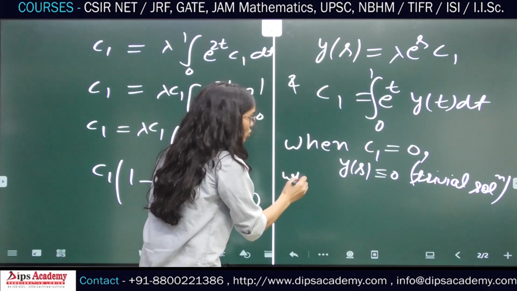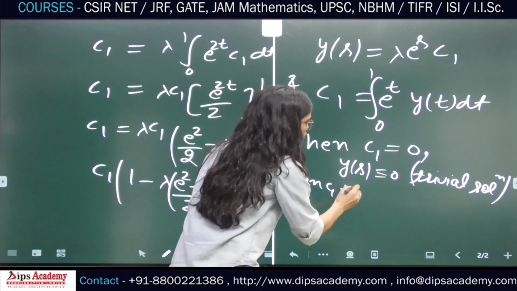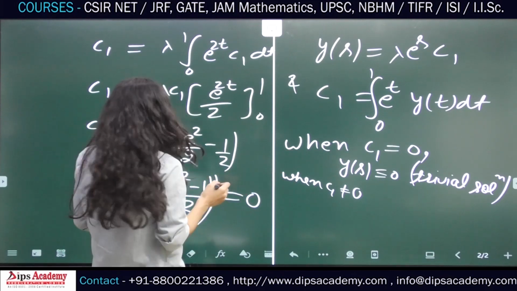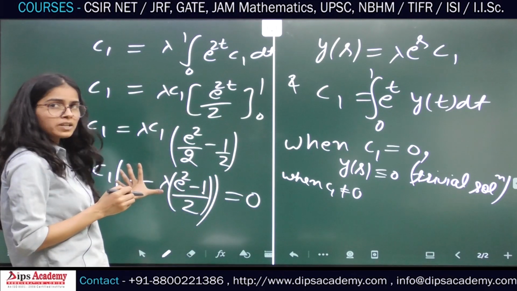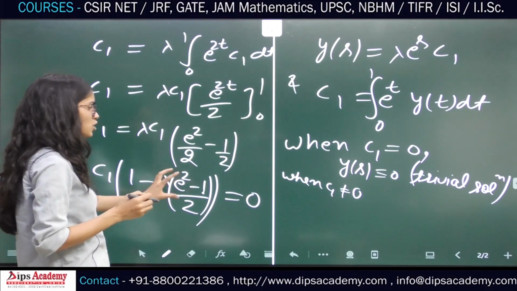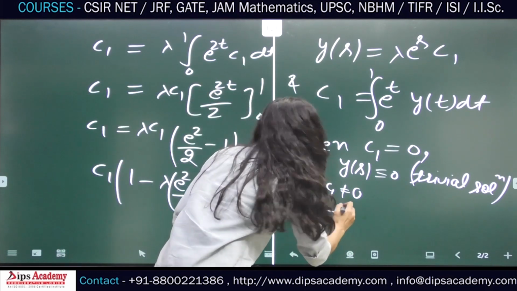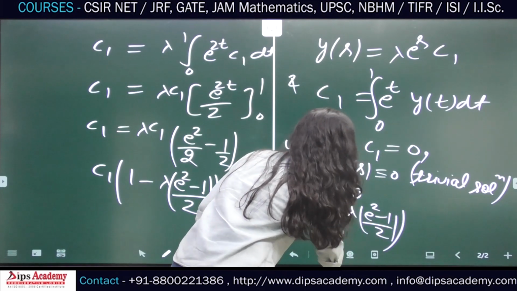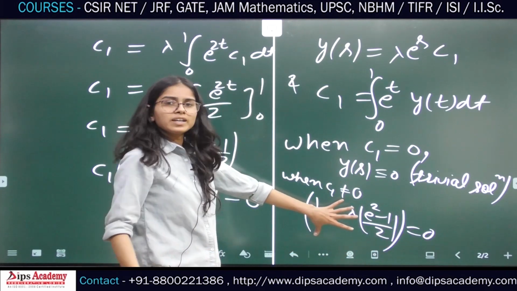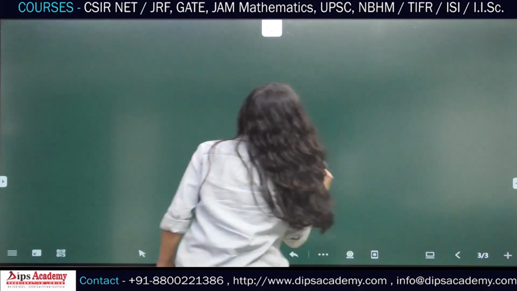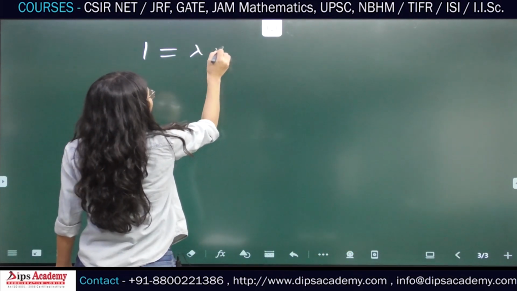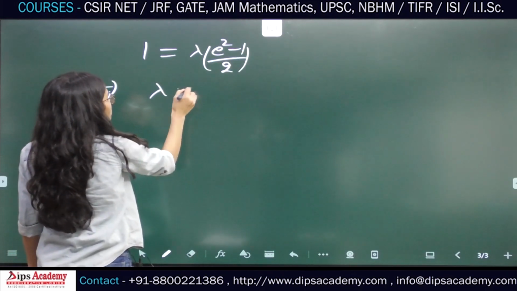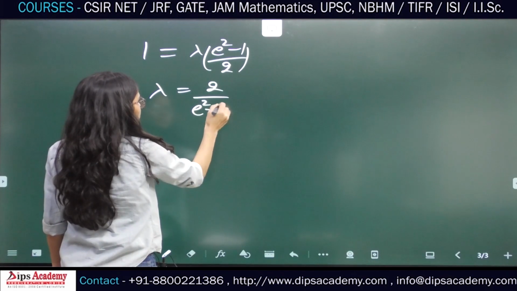Whenever c1 is non-zero, the solution will not be trivial, so the other factor should be 0: 1 minus lambda times e square minus 1 by 2 equals 0. This gives 1 equals lambda times e square minus 1 by 2, which implies lambda equals 2 by e square minus 1.